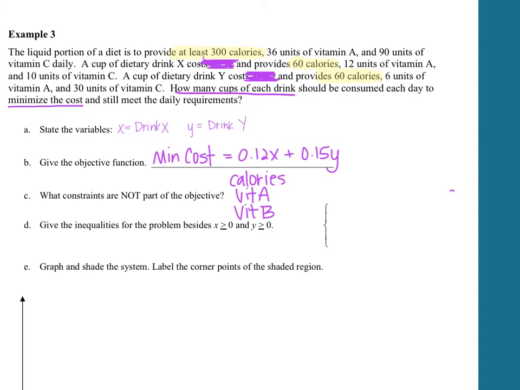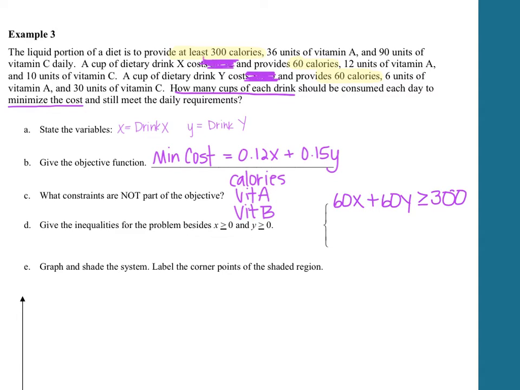Okay, the calories are what are going to form my equation, not a mixture of calories and vitamin A and vitamin C. All right, so I've got 60 calories in dietary drink X, and 60 calories in dietary drink Y for at least 300. Okay, the words at least mean it has to be greater than or equal to 300 calories.